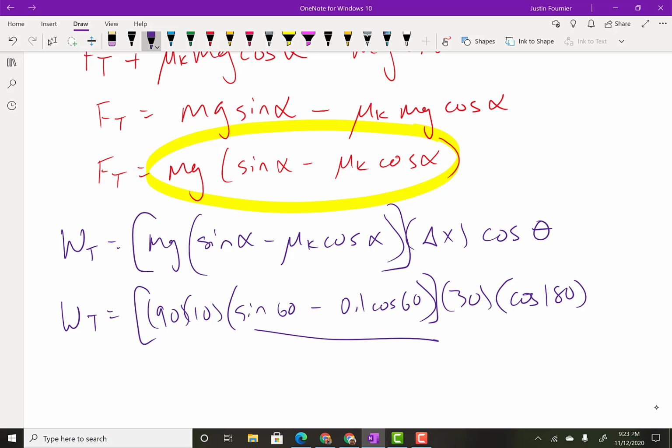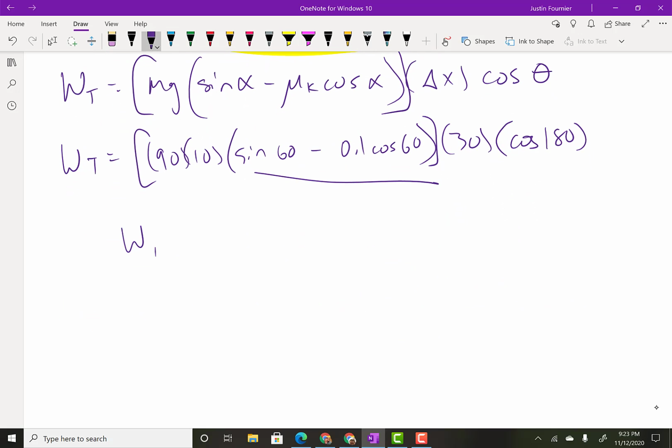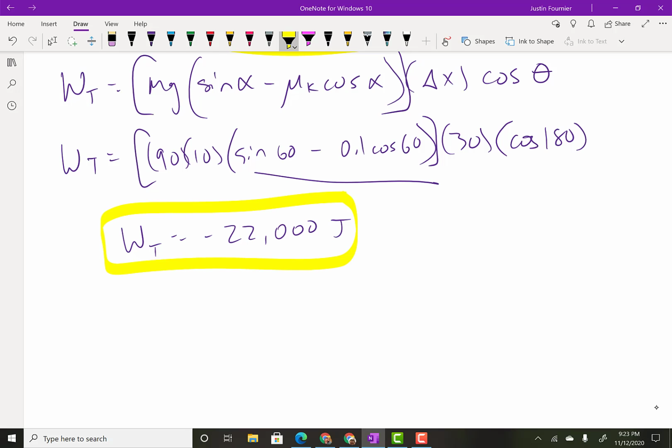And then multiplied by 30. And then multiplied by cosine of 180, which is -1. So work done by the tension force is negative 22,000 joules there. So that's the work done by the tension force.